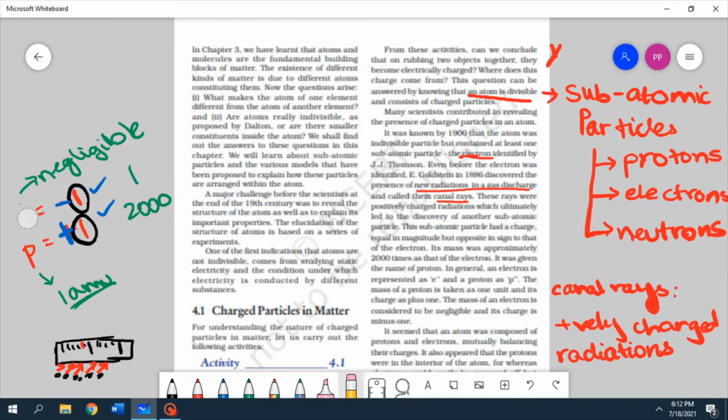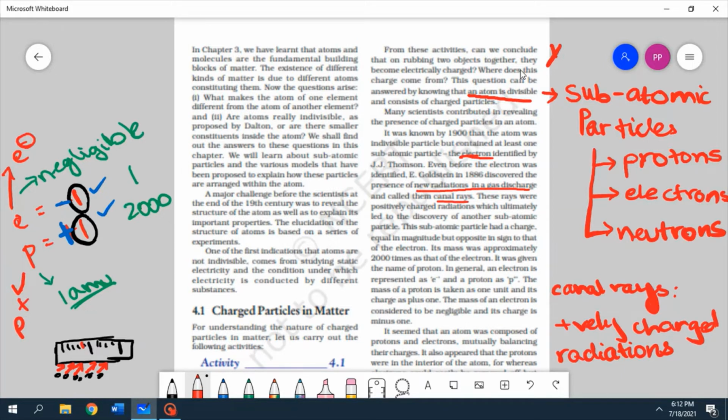This doesn't look very nice, so I'm going to write it again. This is why we represent the electron as e with a minus symbol in a circle. This is how we represent an electron, and this is how we represent a proton.